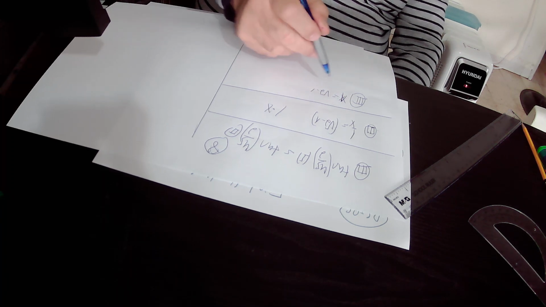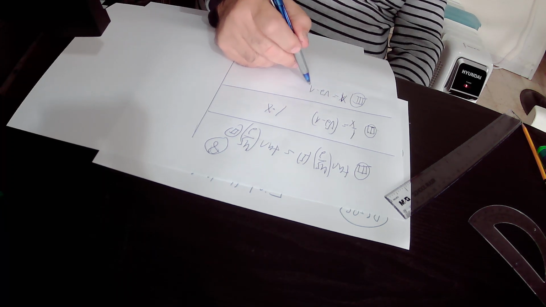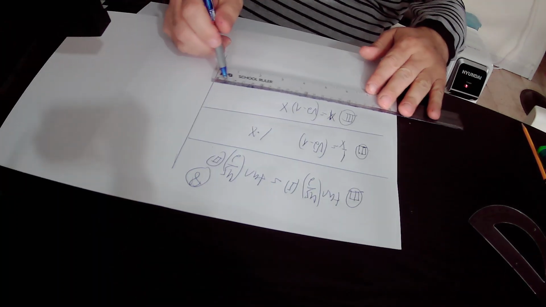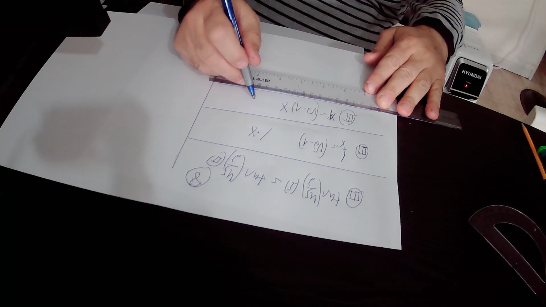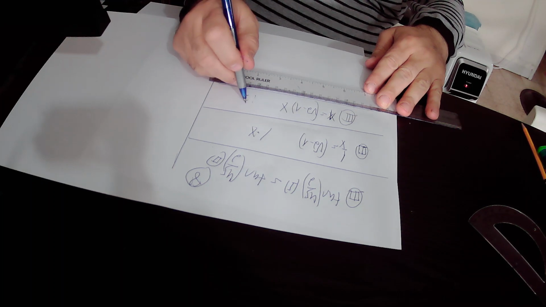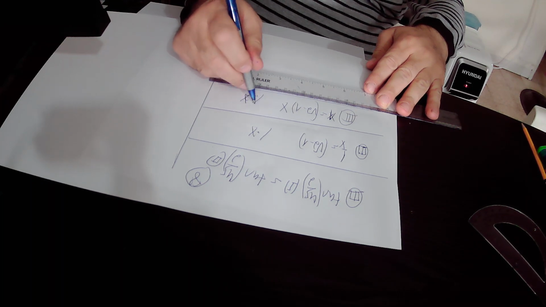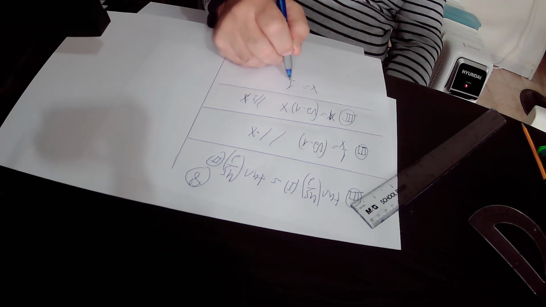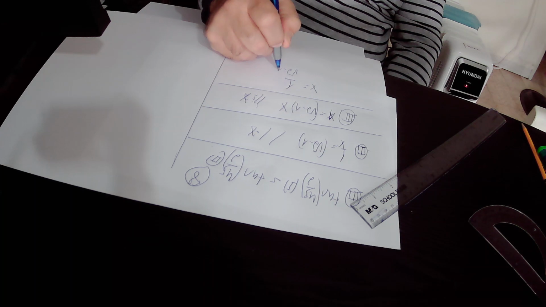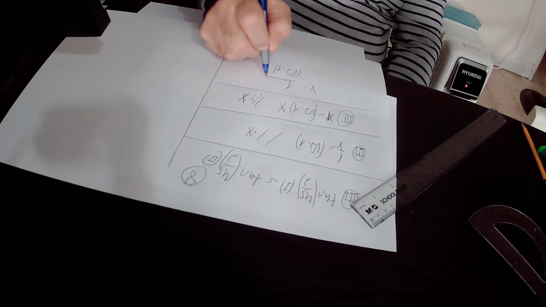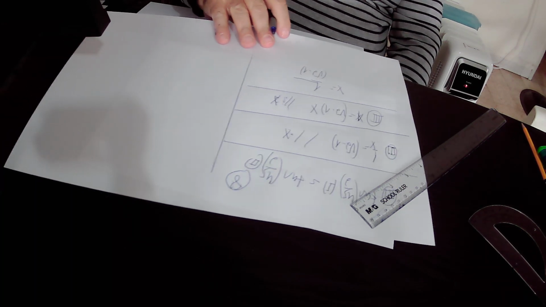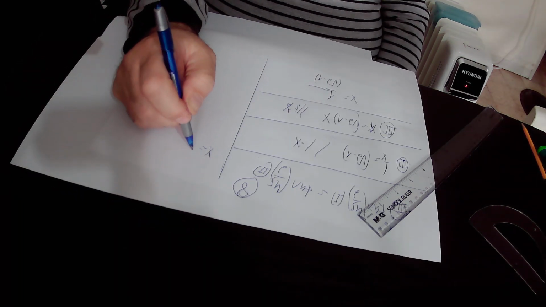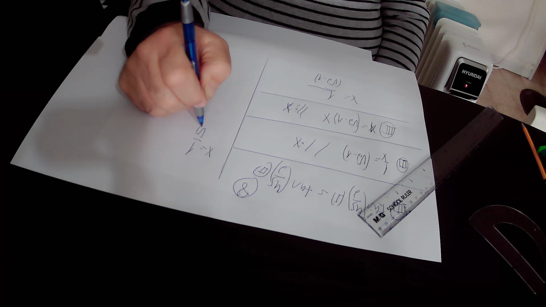So 1 equals the square root of 2 minus 1, times x. Here we divide this equation by the square root of 2 minus 1, and finally we get that x equals 1 over the square root of 2 minus 1. Okay, so we found out that x equals 1 over the square root of 2 minus 1.